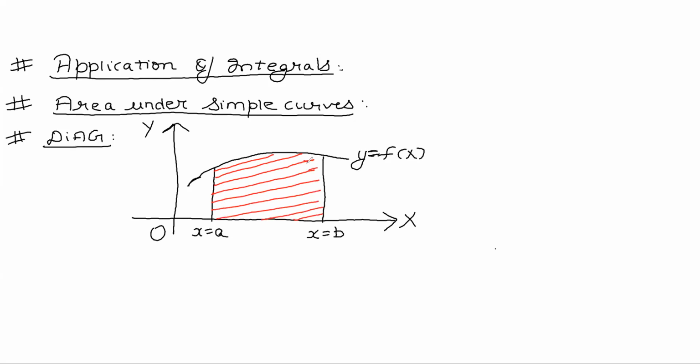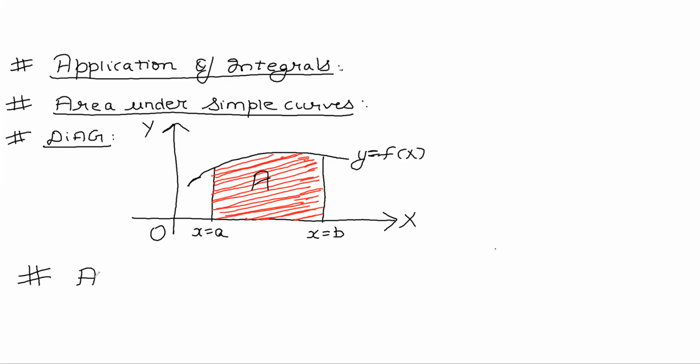So basically, I need to find the area under the curve y equal to f of x from x equal to a to x equal to b. I need to find this red shaded area. Let me call this capital A. This is the area. So how will I find this area?